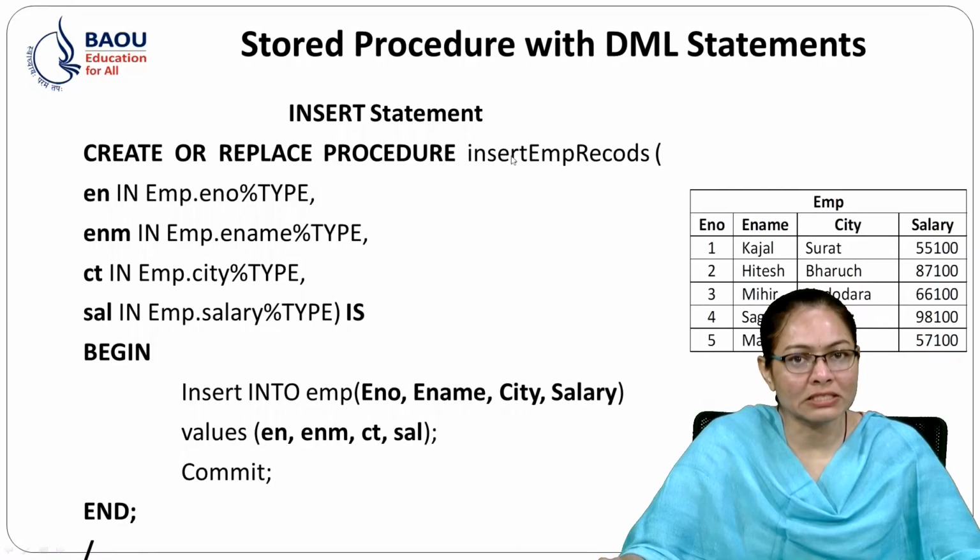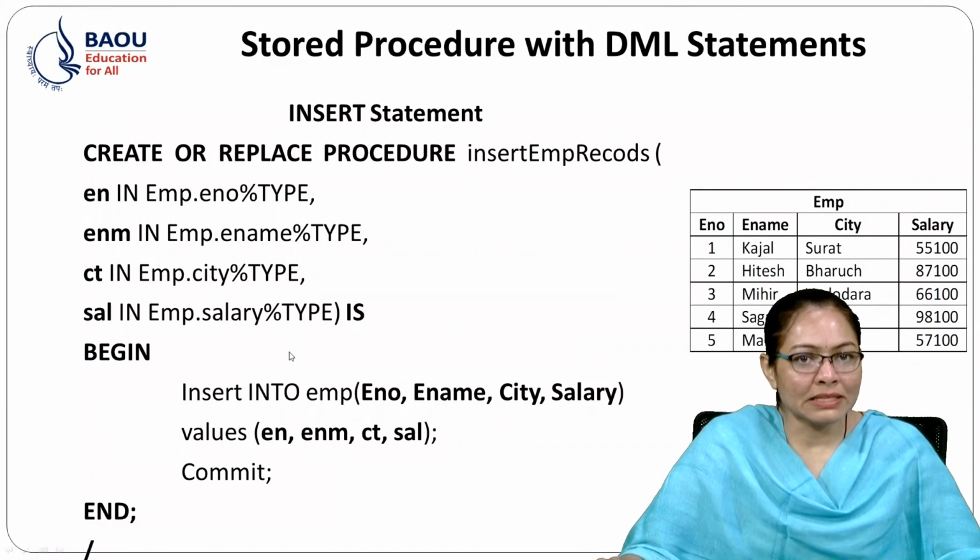When we call this procedure, we provide the values to these variables, and the variables store the values in the columns. EN has the value which is stored in employee number, this variable's value is stored in employee name, this in city, and this in salary. These variables accept the value from the outside calling statement, and then commit, so the data is stored in the table, and then end. The slash sign is used for execution.